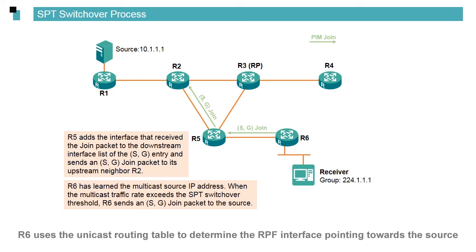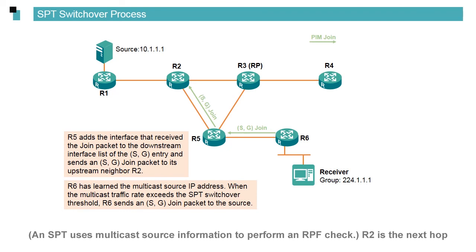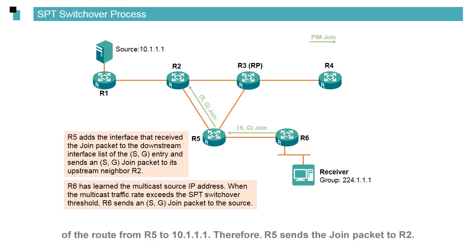R6 uses the unicast routing table to determine the RPF interface pointing towards the source. An SPT uses multicast source information to perform an RPF check. R2 is the next hop of the route from R5 to 10.1.1.1. Therefore, R5 sends the join packet to R2.